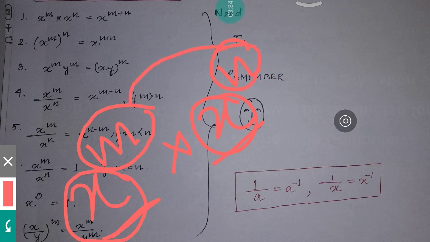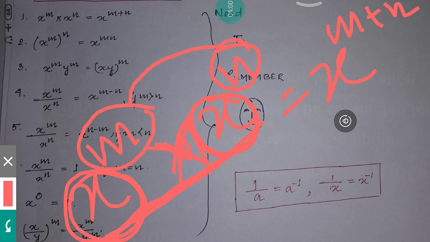But the main thing you have to check, your base is same and multiplication is given. If two exponents are multiplied and if the bases are same, then we can write it as a common base. What is the common base? That means same base is x, so we can write it as x power m plus n.